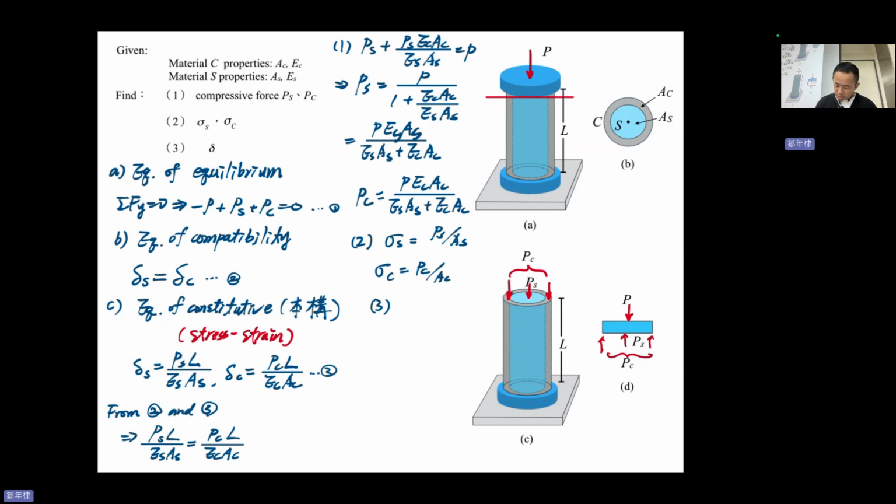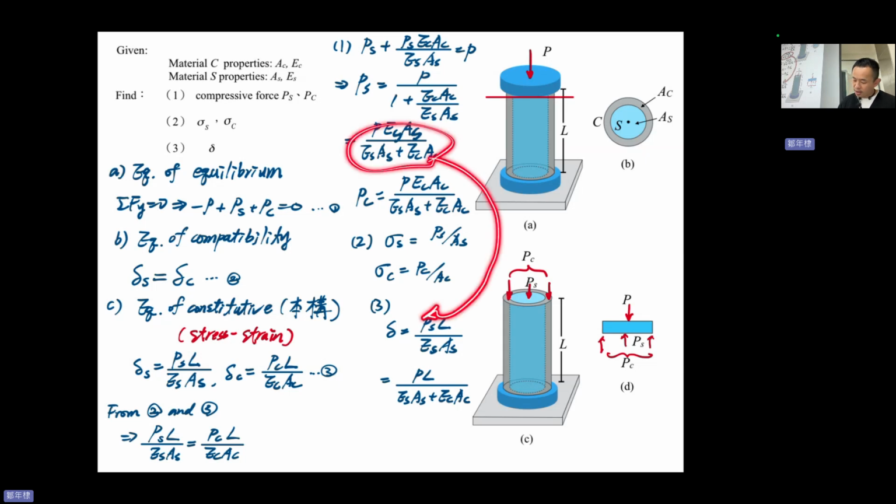Delta equal to PSL divided by ESAS, or you can substitute and get ESAS plus ECAC, because PS is this one, right? So we substitute that into here, and you can get a relatively simpler form.